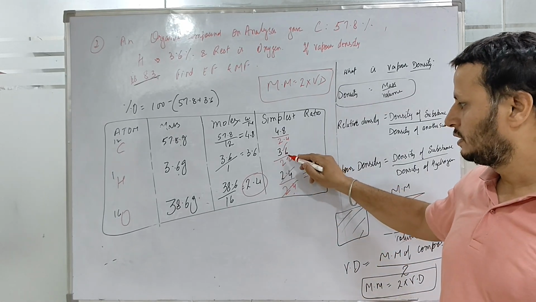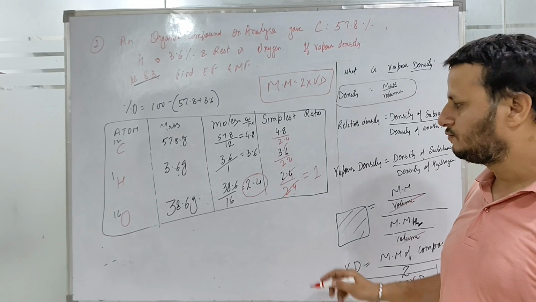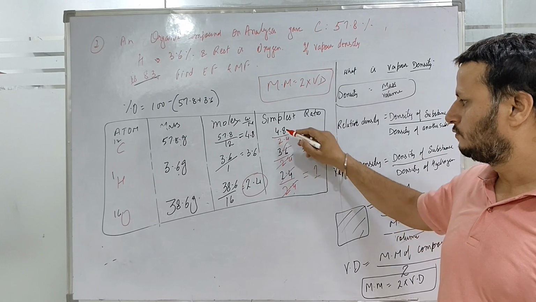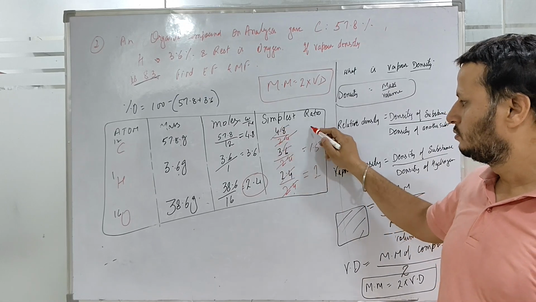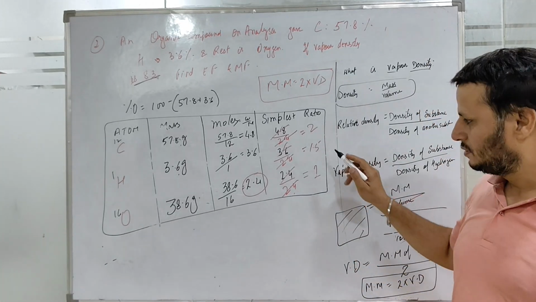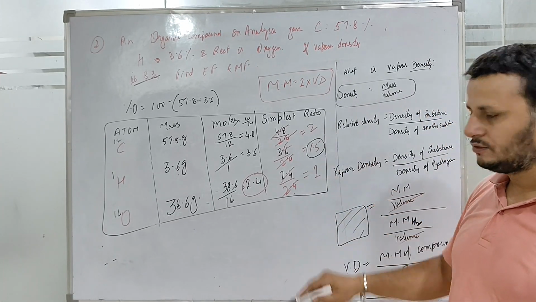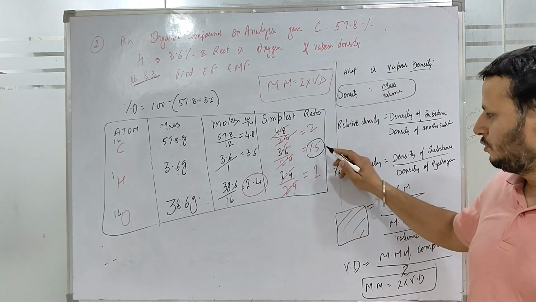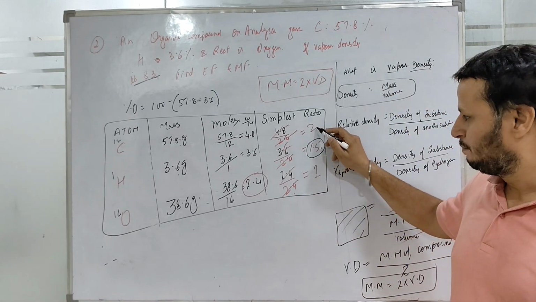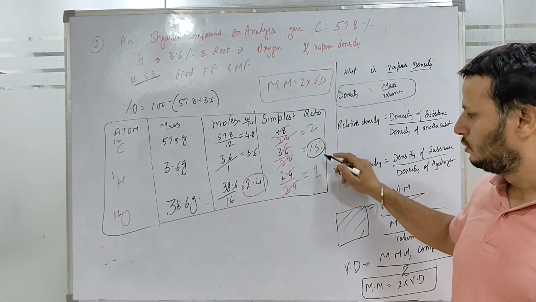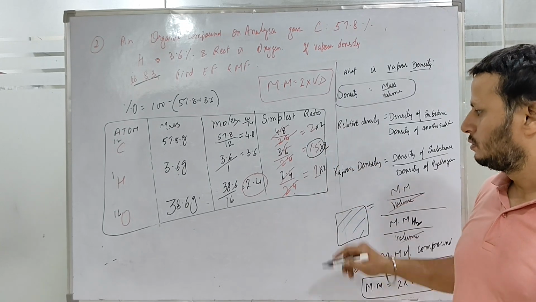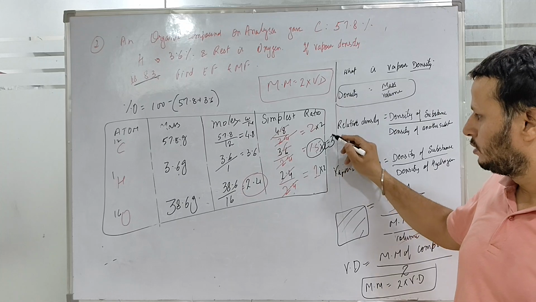So decimal cancel, 36 upon 24 will come 1.5, and 48 by 24 will become 2. So in this question, ये जो hydrogen है, it is in decimals, 1.5. So to calculate the simplest whole number ratio, we will multiply each by 2, ताकि हाइड्रोजन होल नंबर में आ जाए.